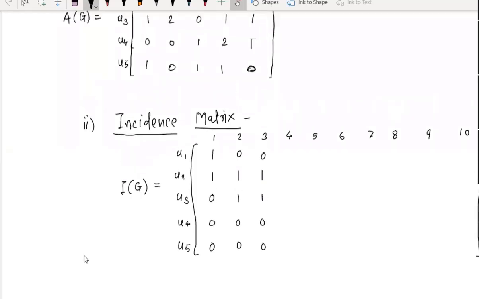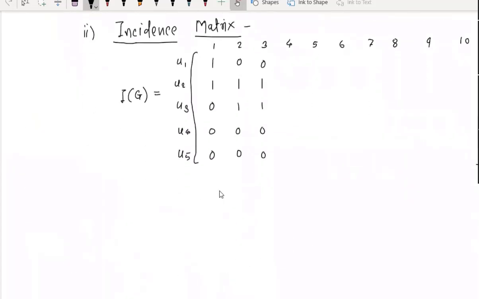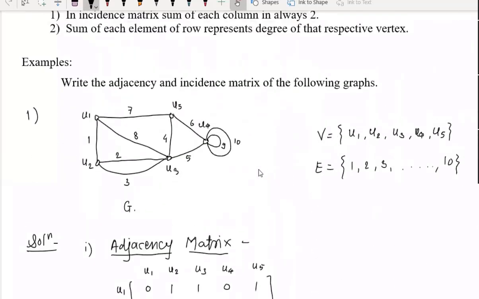Then E4. E4 कहाँ पे? E4 is between U3 and U5. यहाँ पे देखो U3 and U5 के बीच में. So in the column for E4, U3 and U5 are 1 and 1, and the rest of the entries are 0 in that column. Then E5 is between U3 and U4.